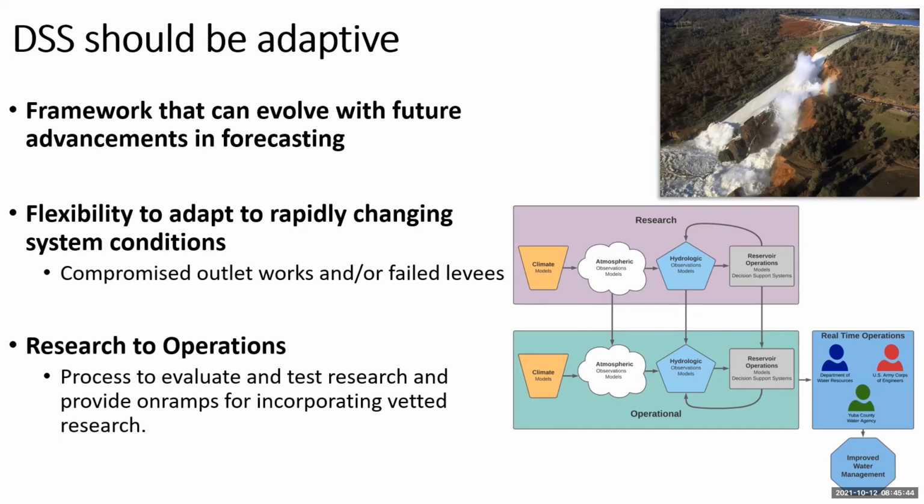It doesn't necessarily have to be a complete spillway failure, like we saw in 2017 with Oroville, but it could be a gate stuck in a position where you don't have full operation of spillway or outlet capacity. So those are important to capture and to be able to model and simulate during high water events.